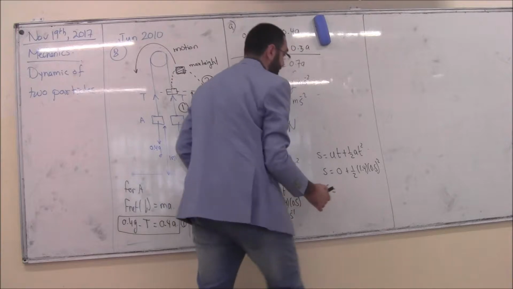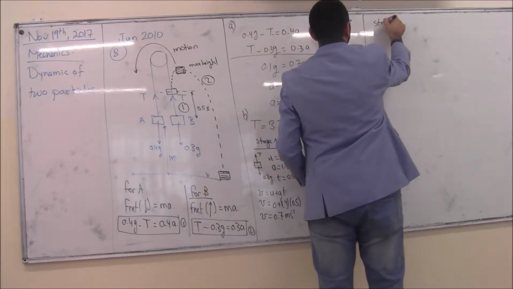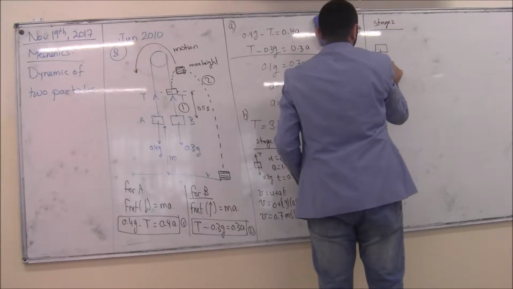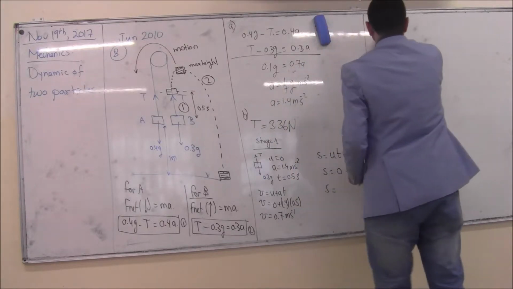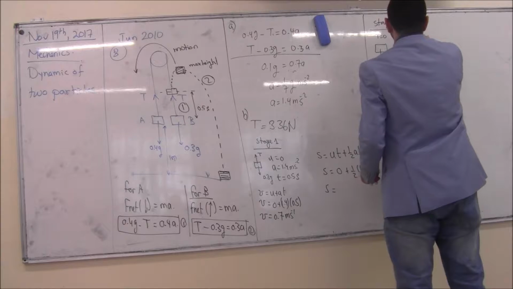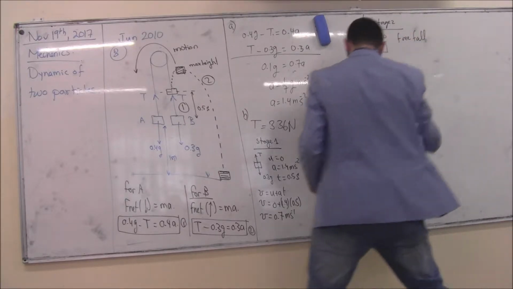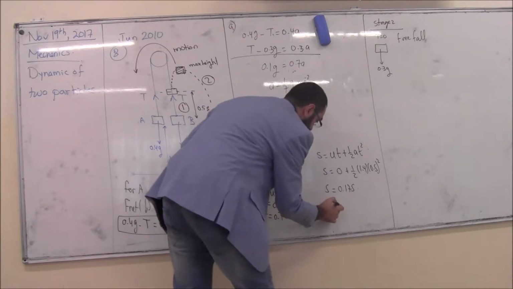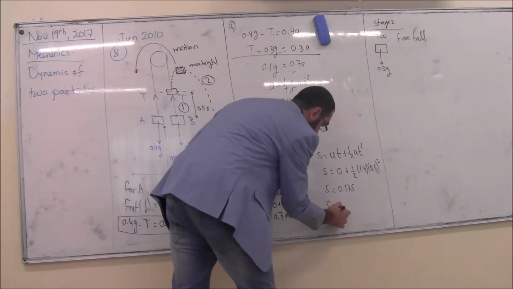S equals 0.175 meters. That's 0.175 meters. Yes, just 0.175. So total displacement in stage 1.